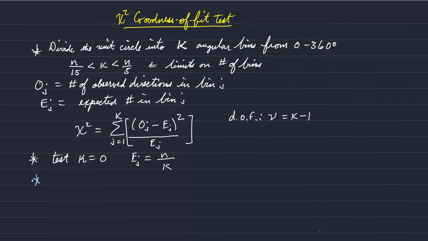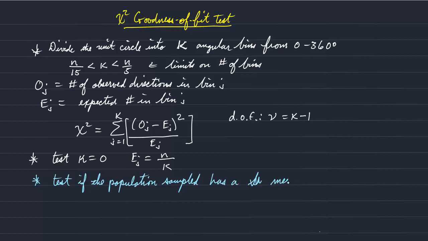Alternatively, we could do a test of the preferred direction. That is, if the population sampled has a mean equivalent to that of a known or theoretical value.